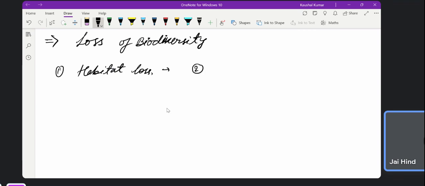And the second point: people who are using an excess amount of resources just because of their greed, and they want to make industries. And it is good also. We are not here to judge anything, we are here to learn. So habitat loss causes biodiversity loss.